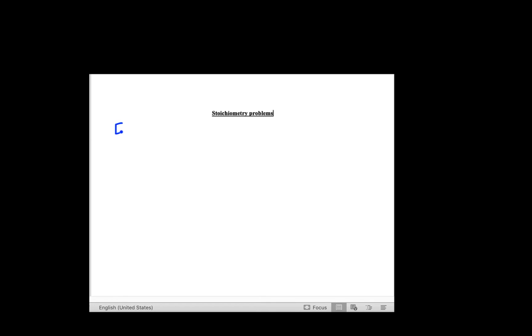There are several essential skills that are part of doing stoichiometry problems. These are things that you have to be able to do first before you attempt any stoichiometry problems. You need to be able to recognize types of reactions, and by types of reactions, I mean precipitation reactions, acid-base reactions, etc. You need to be able to predict the products from those reactions.